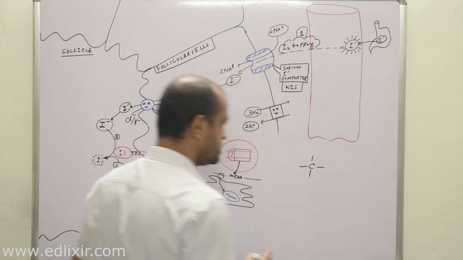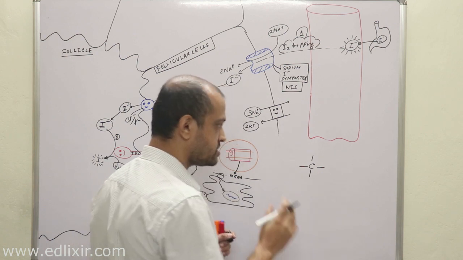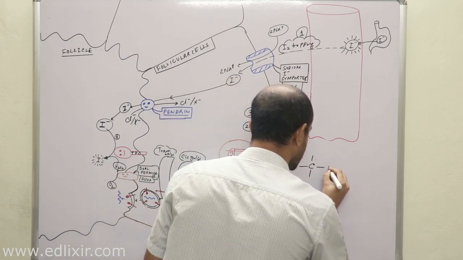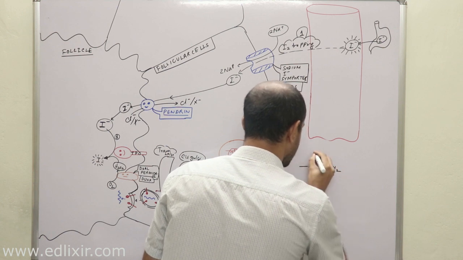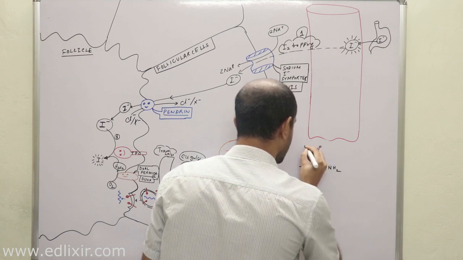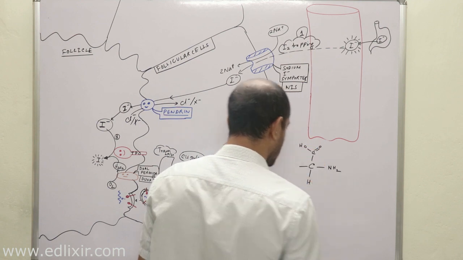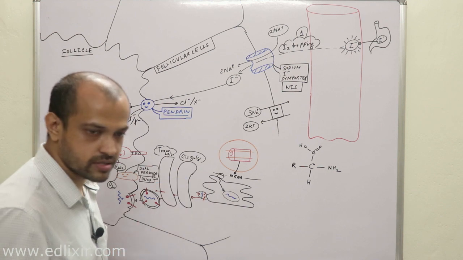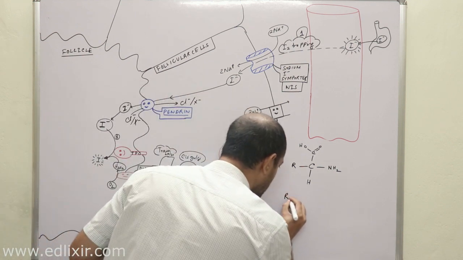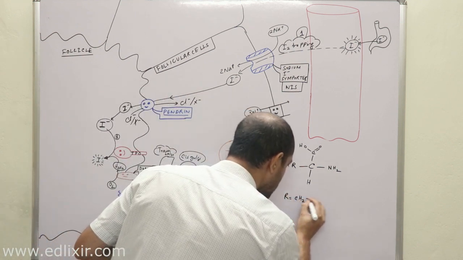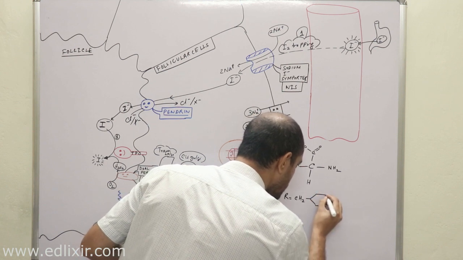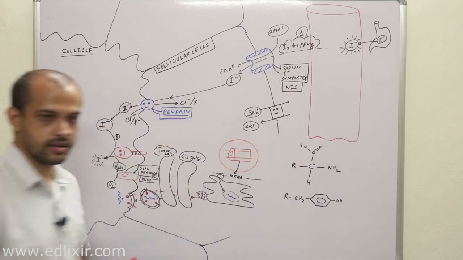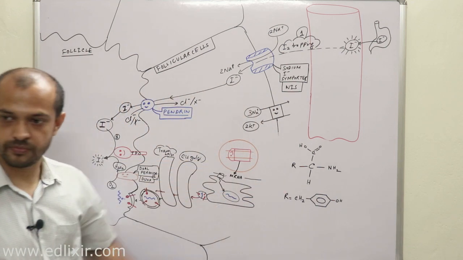Every amino acid, if you want to draw it, start with carbon. These are the inevitable groups in an amino acid. Now in tyrosine, this R will be replaced by this group. Clear?